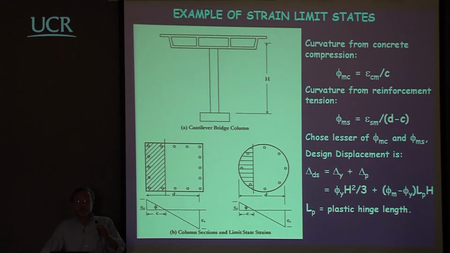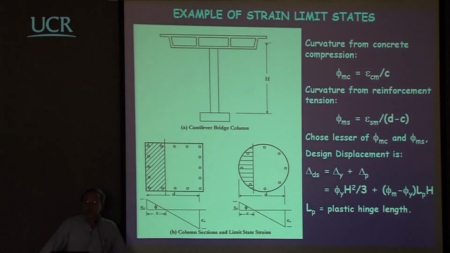But you can also immediately recognize that up to that stage, the two strains on the two sides of your column will be reasonably similar. What I mean is that the neutral axis will not be too far away from the middle of the column, which means that if you want to guess what the displacement at yield will be, you could assume at the first stage, without any calculation, that this will correspond to approximately the yield strain on one side and the yield strain on the other side.